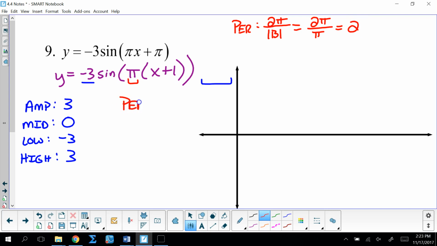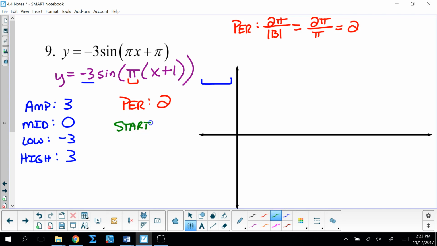So this one's going to be a little different than the ones we were doing on Friday, because the ones that we were doing on Friday had pi in them. Now our period is just going to be a number, so we're just going to have numeric values for our x-axes.